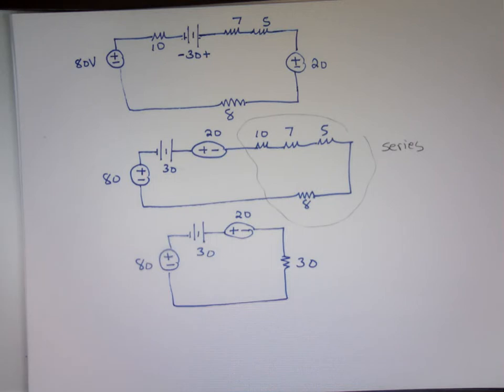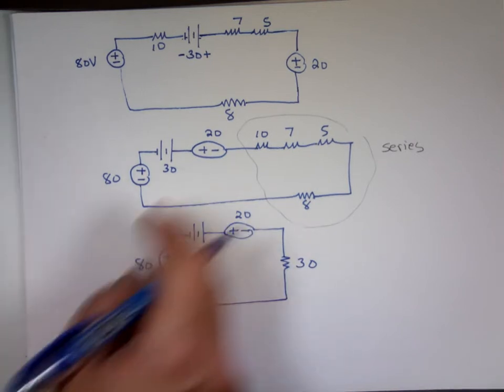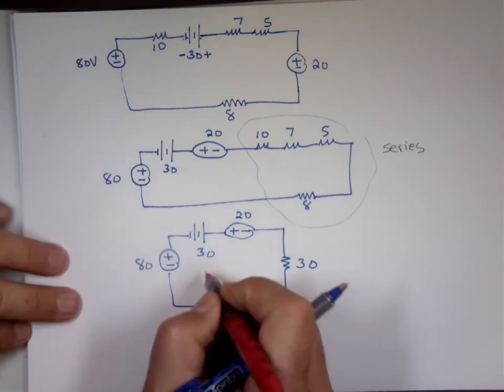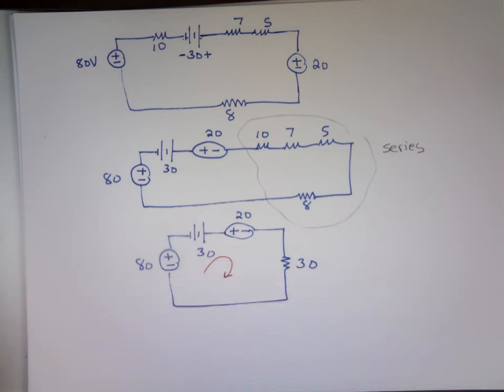Now the question is, what will happen here to these sources? Can we really combine them into one source? Yeah. How? Add them. Can we add them? One of them's going to be a negative. Well, just think about this. If we did KVL here, this will be what?